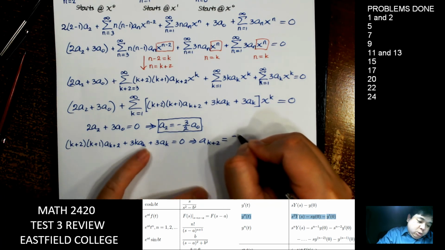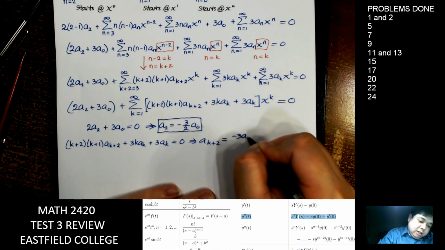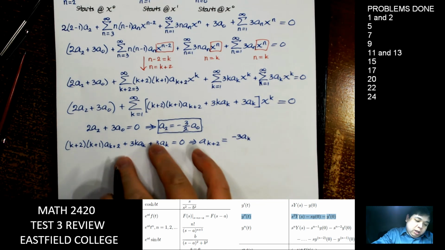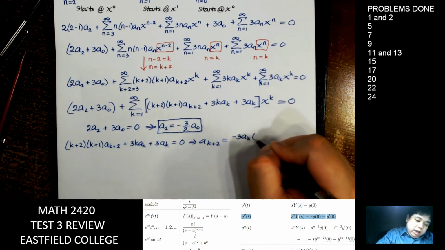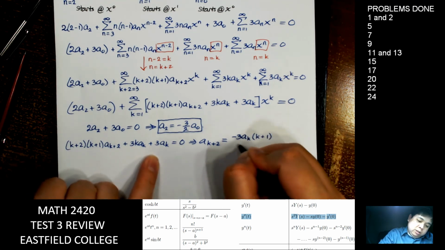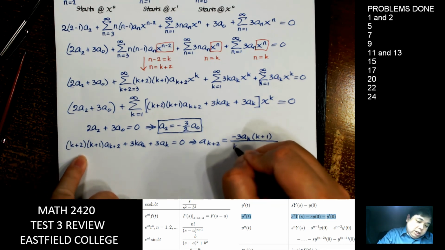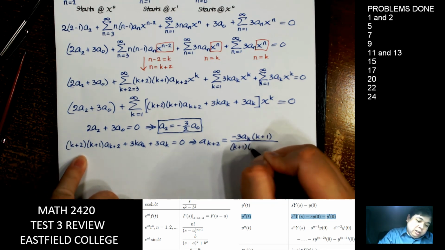Anyway, we can factor out the 3 and a_k, move to the other side, and we have k plus 1 over (k plus 1)(k plus 2).